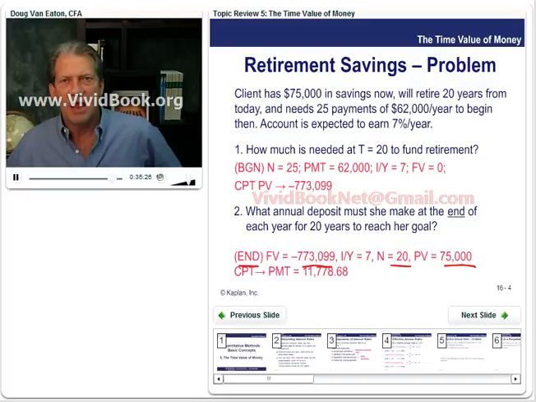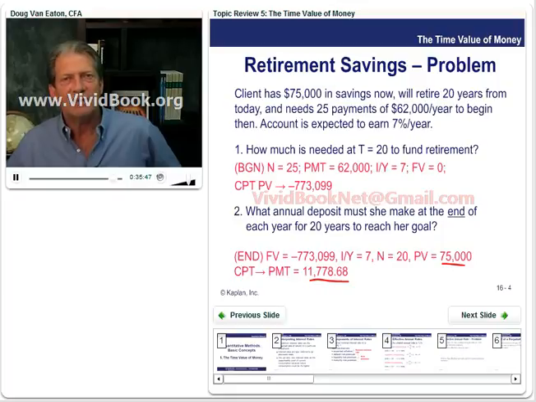And so the payment is going to be $11,778.68. That's the deposit we must make every year for 20 years. Now notice that's the same sign as the present value. And that's right, because that's what's going into the account.